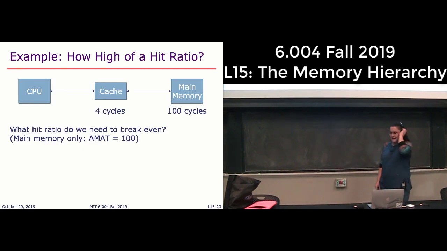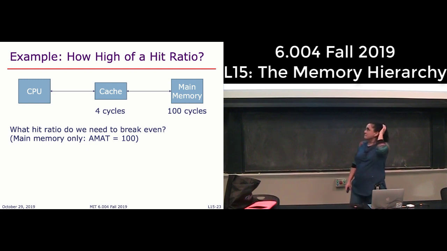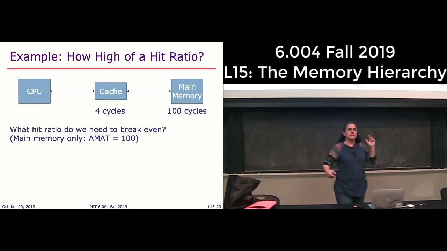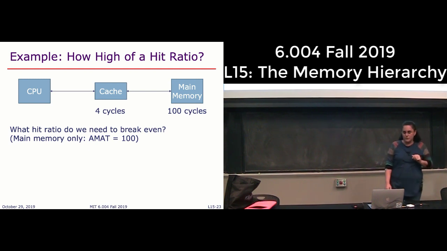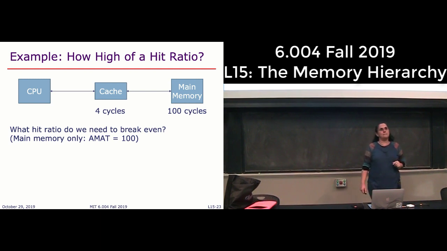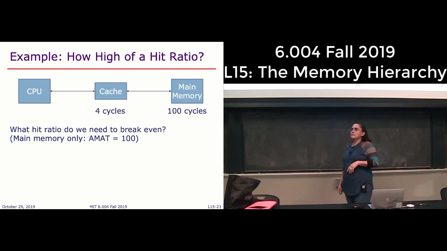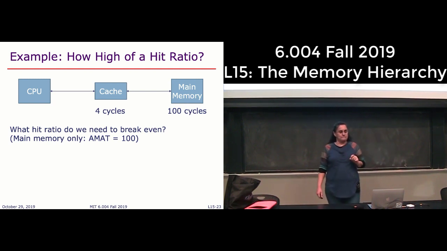Okay, so now we want to ask ourselves a question. Let's say that I have this simple memory configuration where I have just one cache, or one level cache, and then I have a main memory. And my cache is going to take 4 cycles, but accessing my main memory is going to take 100 cycles. Okay?